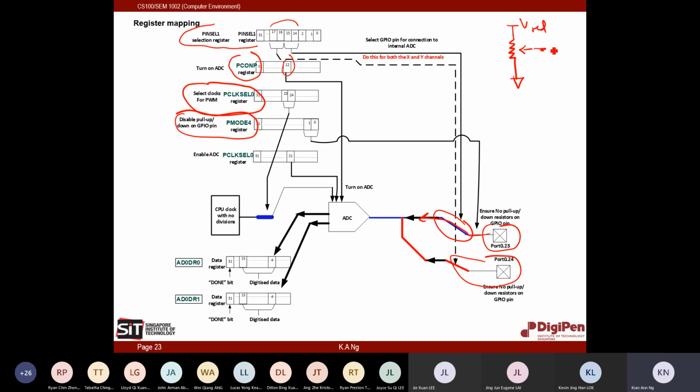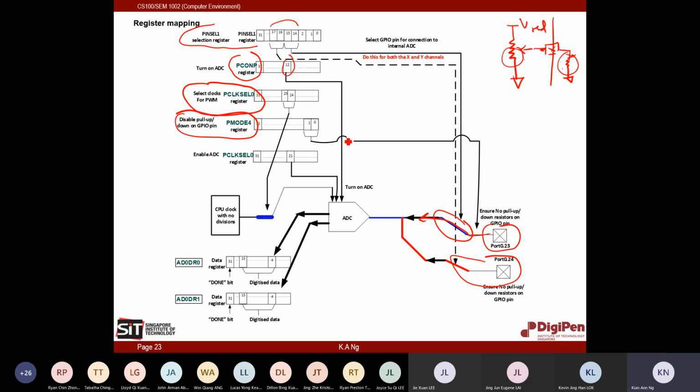Now imagine in a chip, you actually have either a pull up or pull down resistor. Okay, let's say pull down resistor. This internal resistor will actually be in parallel with your toggle switch, and you will affect your reading. So you have to disable them. Otherwise, you will affect your switch reading. Okay, take note of that. This is lecture 1, parallel resistors.